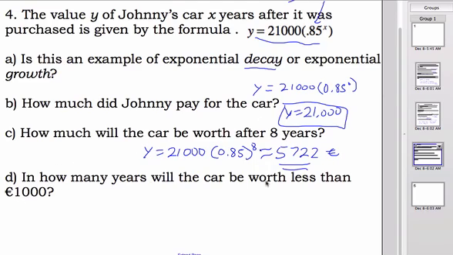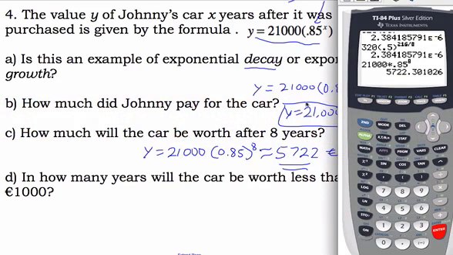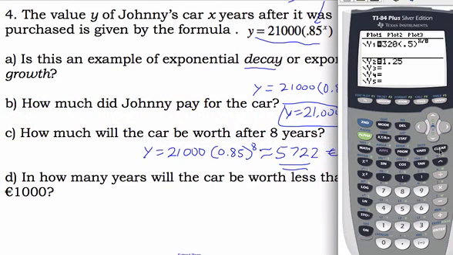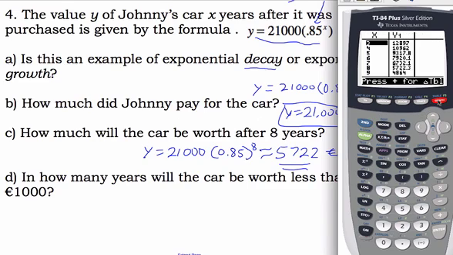In how many years will the car be worth less than 1,000? So we don't need an exact number here. So we can use our table actually to do this. So I'm going to type in the function in the calculator and use the table. So it's 21,000 times 0.85 to the power of x, and I'm going to go second function, table, and find out after how many years the car is less than 1,000.